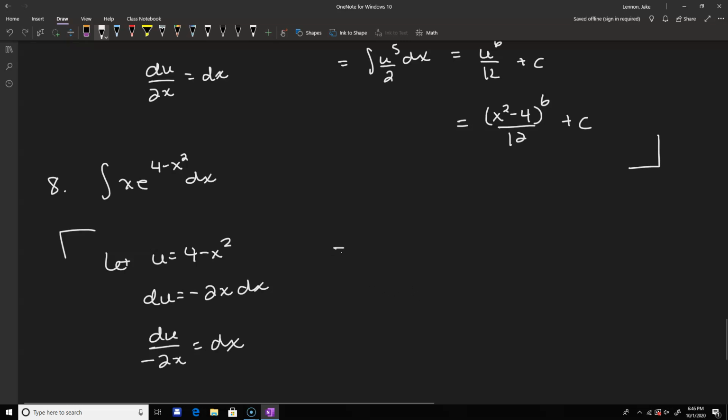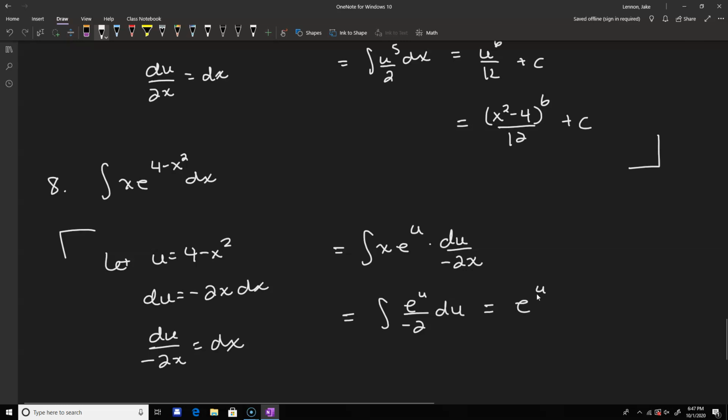So this is going to become the integral of x times e to the u times du over minus 2x. So again, the x's will cancel, which is good. We're only going to be left with an integral involving u's. So that is the integral of e to the u over negative 2 du, which e to the u has only itself as its antiderivative because there's no other constant in the exponent.